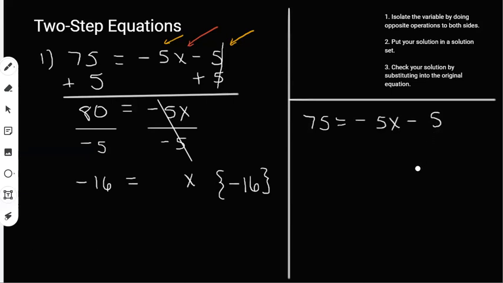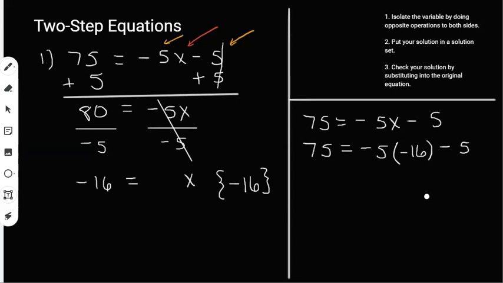That's the original that they gave me. And the only thing I'm going to do with this is I'm going to replace x with a negative 16. But I'm going to keep everything else the same. The 75 stays the same. I bring down my equal sign. The negative 5 out in front stays the same. I replace the x with a negative 16, and then I keep the negative 5 at the end the same.